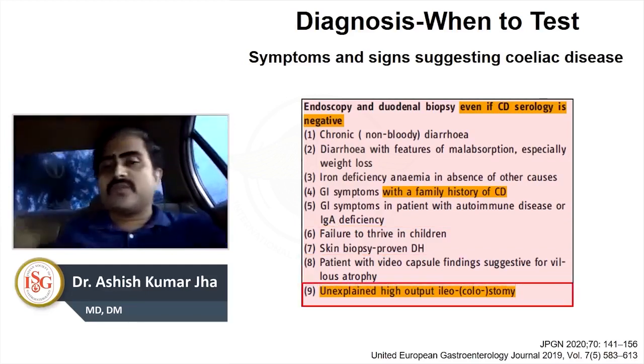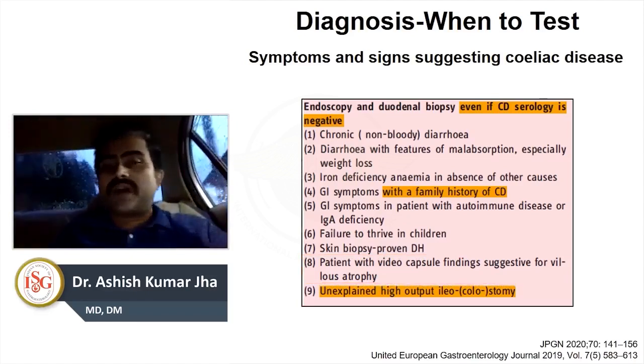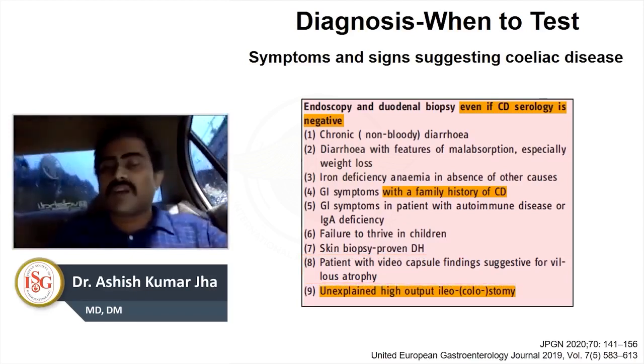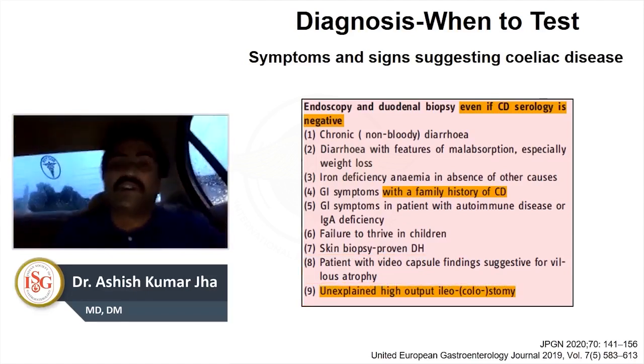It's also recommended for unexplained high output ileostomy. So these are the high risk clinical features where we should go for the biopsy even if celiac disease serology is negative.